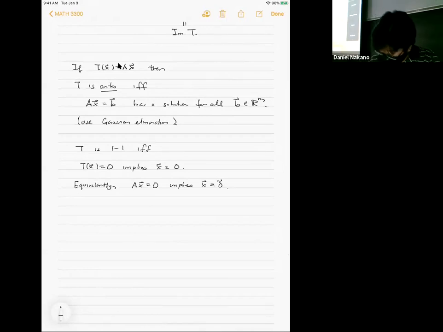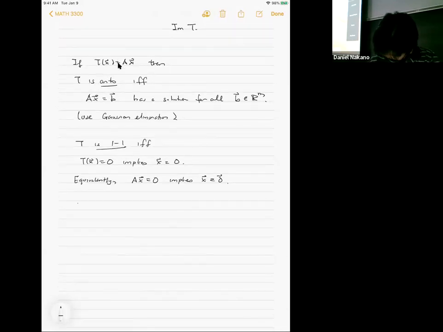All right, so the idea is that T is 1-to-1 if and only if Ax equals 0 has only the trivial solution.